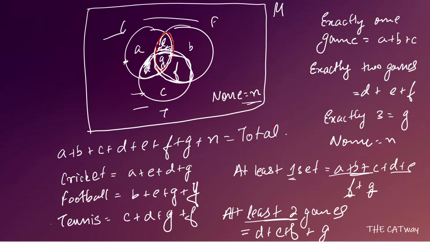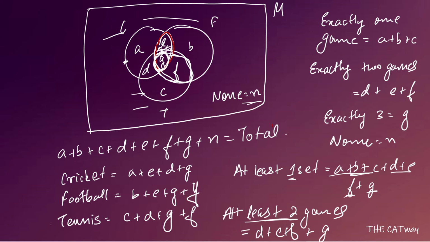Acha, if it says that you have to consider the people who are playing only cricket and football, you will not include the g part. In every pair of two, when we took the g part, it included the third game also. But we took that because it was said that we are talking about cricket and football.